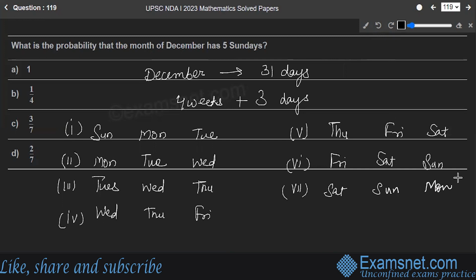So how many of these have Sunday in them? This one has Sunday, this has Sunday, and this has Sunday. So there are 3 combinations which have Sunday in them.